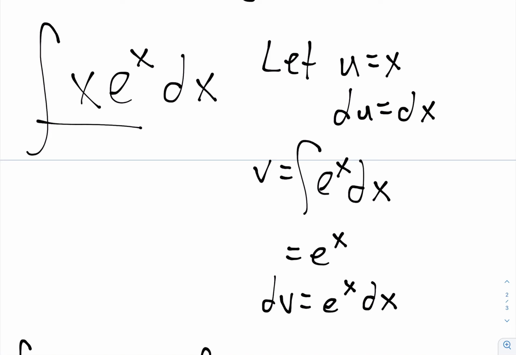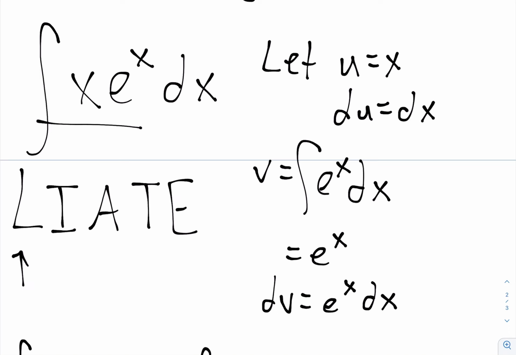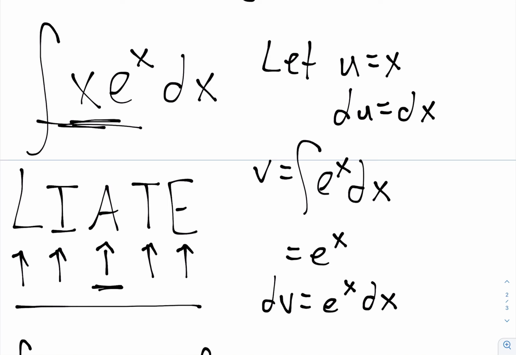So it's super important you use that chart, right? So the L is logs, I is inverse trig, A is algebraic, T is trigonometric, and E is exponential. So whatever comes first in terms of this list, that's going to be your u. So for this question, x, right, that's algebraic.